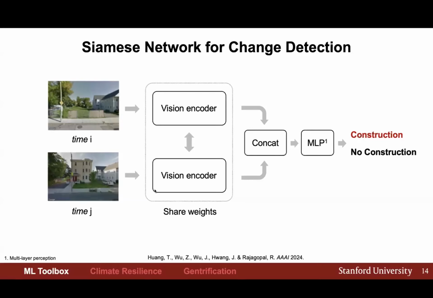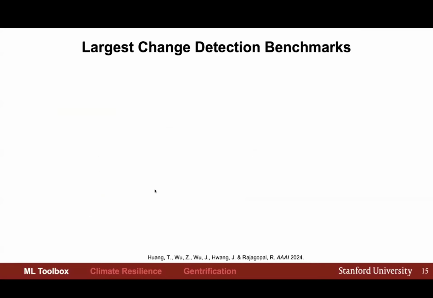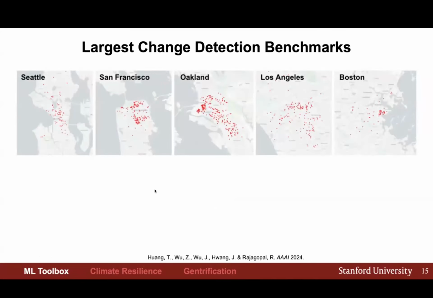So we proposed this Siamese network, which was previously used in a lot of change detection tasks in satellite imagery. We use similar logic for street views. And most importantly, we downloaded and labeled a very big street view benchmark for those different cities.